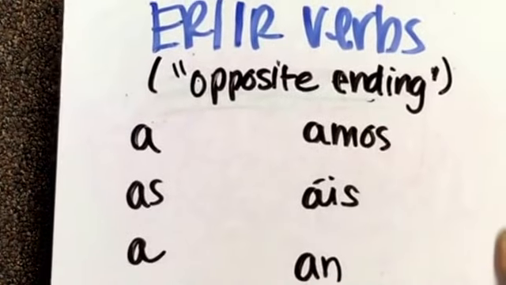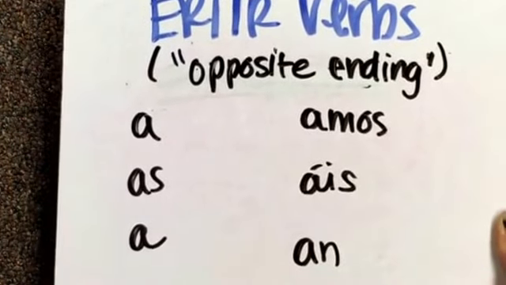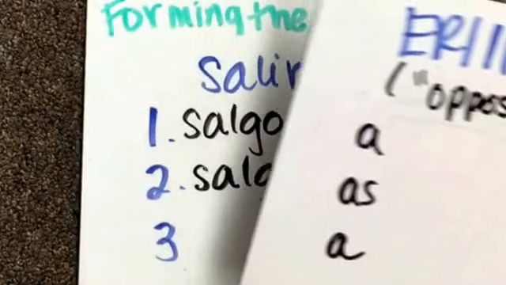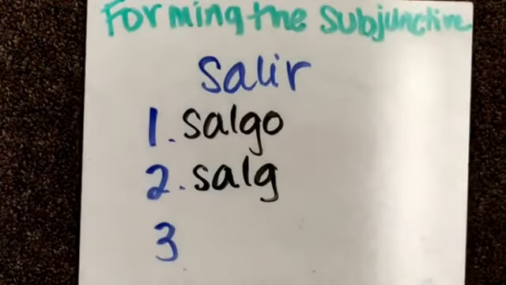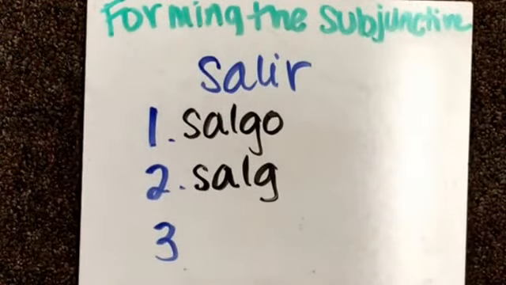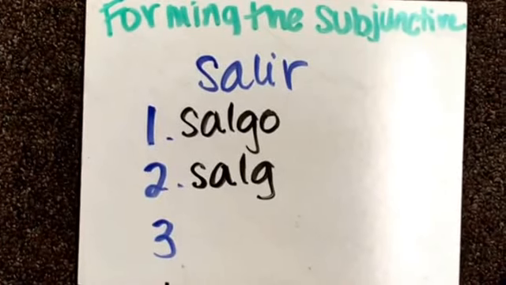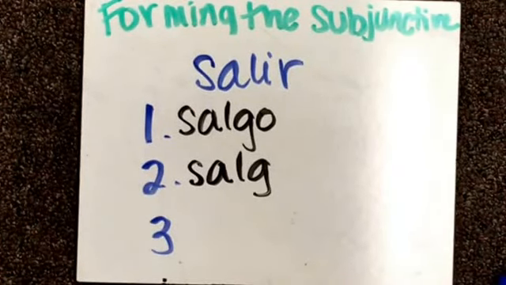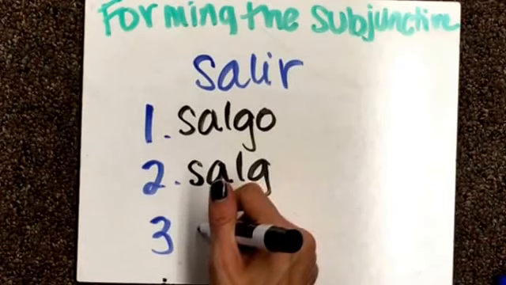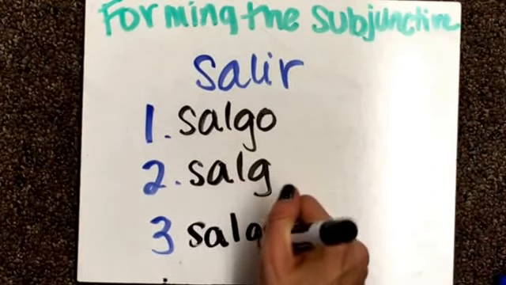Again, we're not going to use o as an opposite for o because that doesn't really make sense. So if we want to say es importante que salgas de la escuela a las 3 de la tarde. It's important for you to get out of school at 3 o'clock in the afternoon. We would just add the opposite ending again for the tú form.